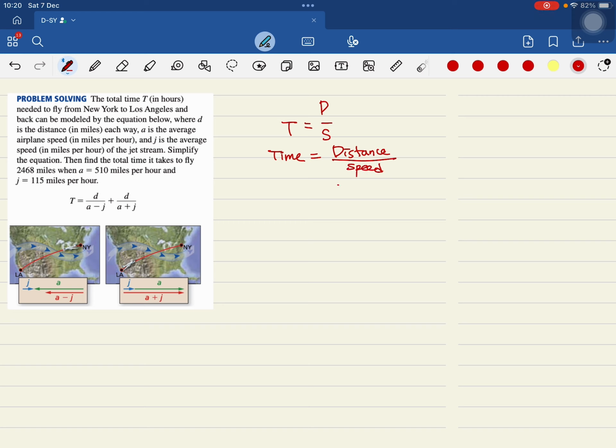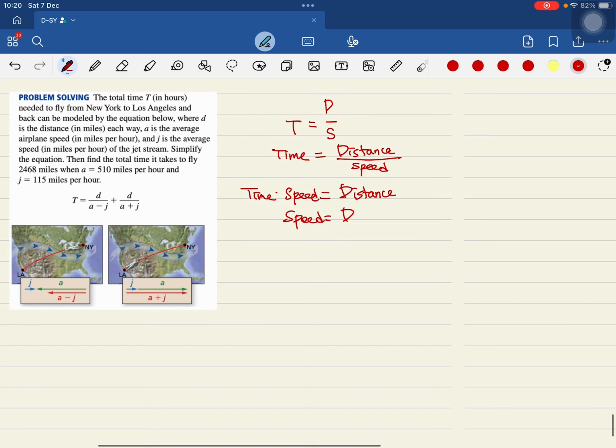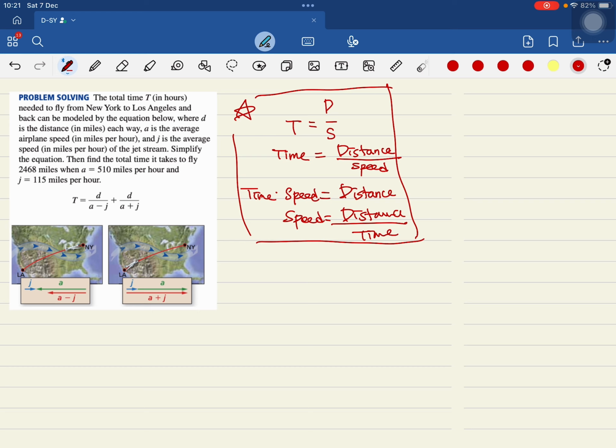But we can also make distance become time times speed, and speed becomes distance over time. All those formulas are actually the same formula, but we need to remember that.